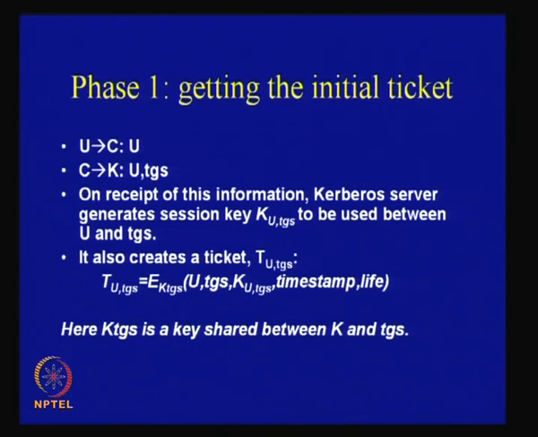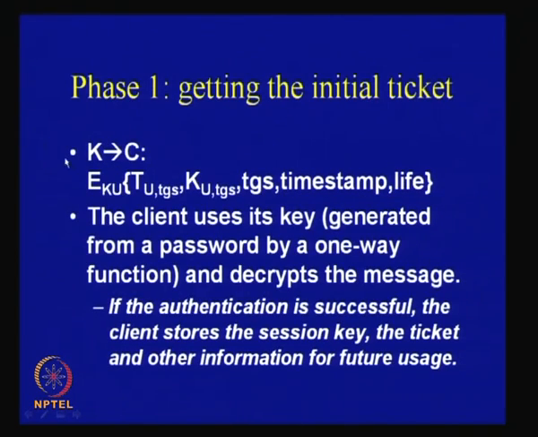And when the Kerberos server sends to the client, it sends this KUTGS along with the ticket TUTGS, the identifier of the ticket granting service, and the timestamp and the life. It encrypts this packet by the long term key KU. So again, the client or the user is aware of this key, and it will decrypt this and obtain the value of the session key.